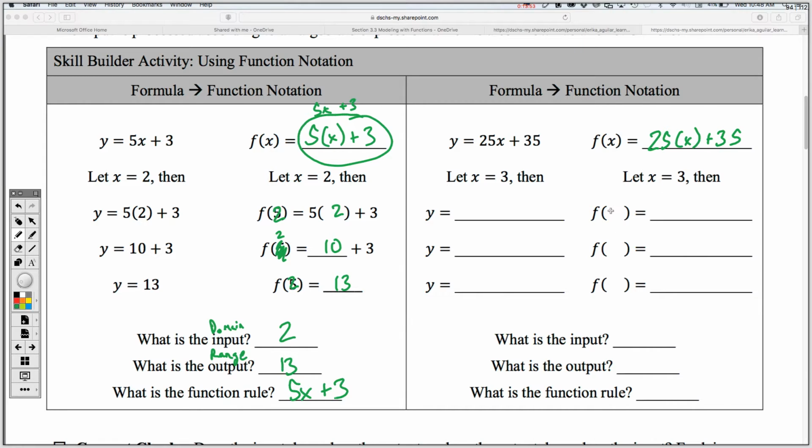What should I put here? How would you solve it on this one? 25 parentheses plus 35. What do I put in the parentheses? 3. What's 25 times 3? 75. What's 75 plus 35?